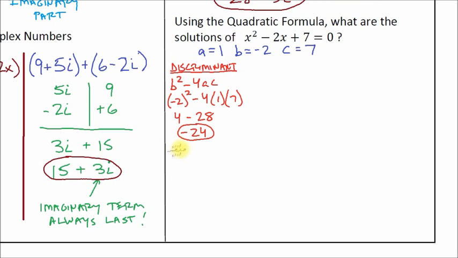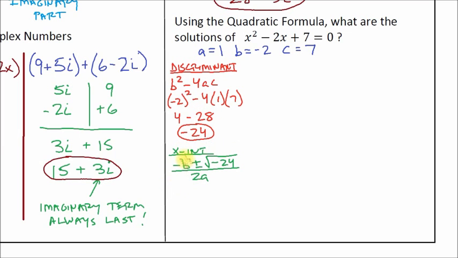Next thing we do is we're going to find the x-intercepts. So now we're going to plug this into our entire quadratic formula, only now we already know the discriminant. So we're going to have negative b plus or minus the square root of our discriminant, which is negative 24, over 2 times a.